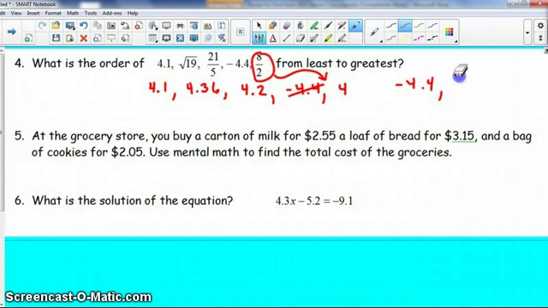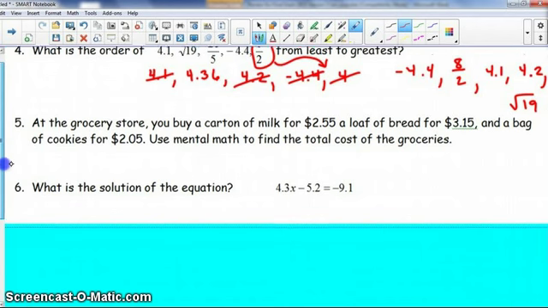So even though 4 would go next, we're going to write it in the same format, 8 over 2. Mark that out. Then 4.1 would go next. Then 4.2 would go next. And lastly, we have 4.36, which is the same as the square root of 19. So the square root of 19 would go last. And that's the order from least to greatest.